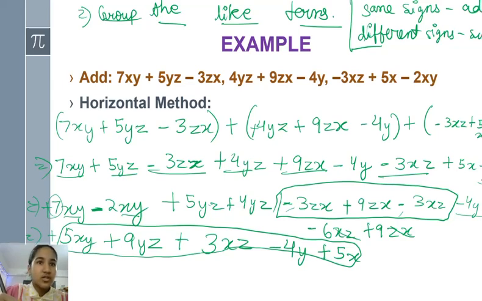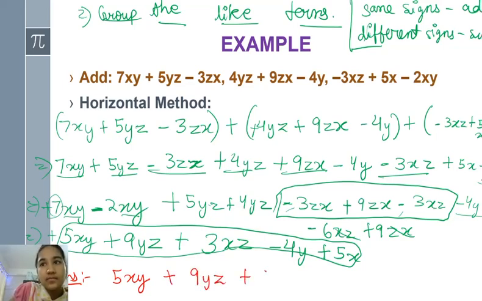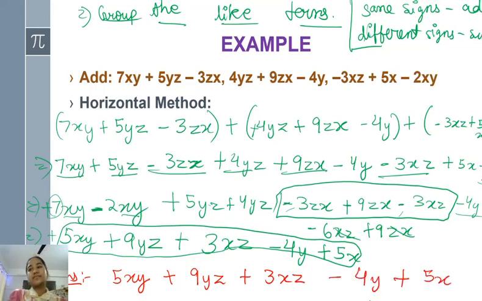Now let me just make a note of this in a proper manner. The answer to this question is 5xy plus 9yz plus 3xz minus 4y plus 5x.